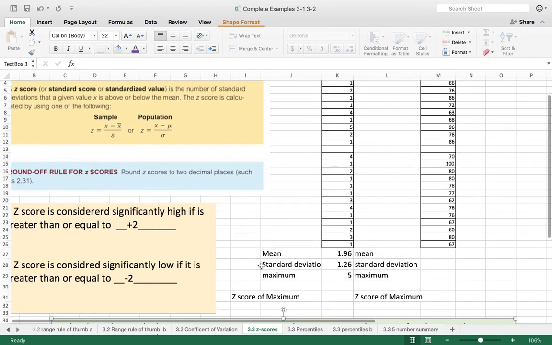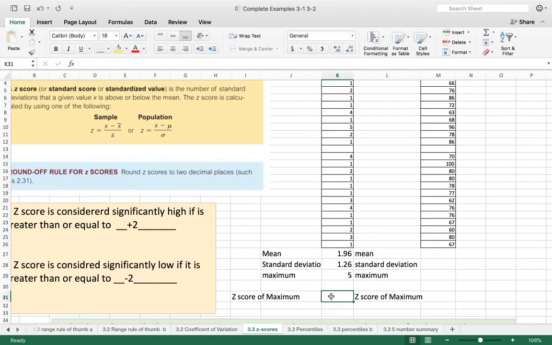Okay, all right, so let's find the z-score for the maximum number of siblings. We're going to do the data first, which is going to be, I'm going to say equal, the maximum data value minus the mean of the data set divided by the standard deviation. And our z-score is 2.4. So that's definitely a significantly high value.